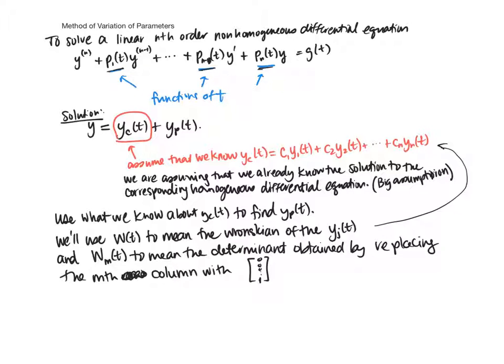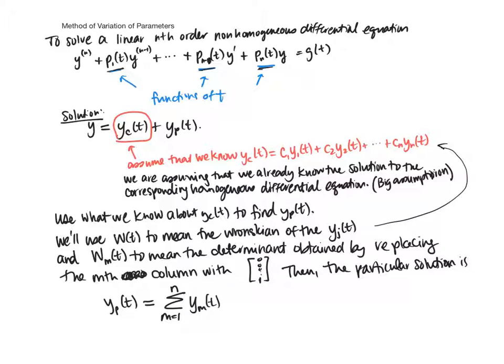So then the particular solution is given by this thing, yp of t, that's the second half of the solution that we're looking for, is equal to the sum from m equals 1 to n of ym of t, that's the mth piece from up here, times the integral from t naught to t.